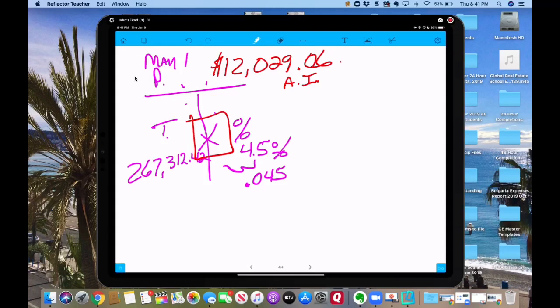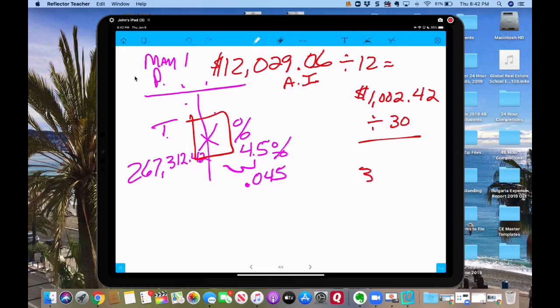So when we divide this by 12, we get $1,002.42. And now let's just divide this by 30. And usually you're always going to use a 30-day. So they will tell you whether to use 30 or 31, but generally they will always say use a 30-day.